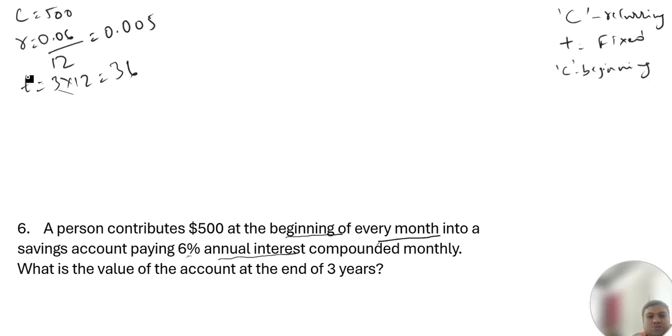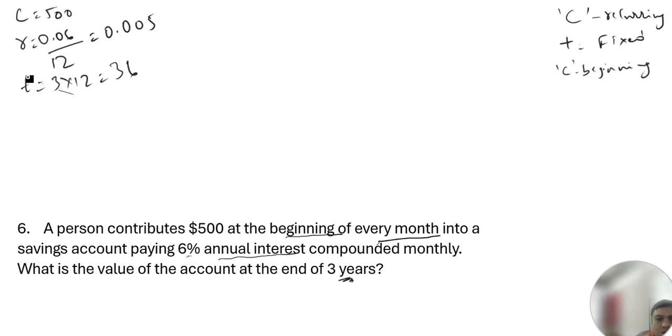Now what you have to understand is whether you need to apply the present value annuity or the future value annuity formula. This could be one possible question. For that, if you read the last line, it says what is the value of the account at the end of the third year. So it is not talking about today, it is talking about the end of the third year, which is future, right?